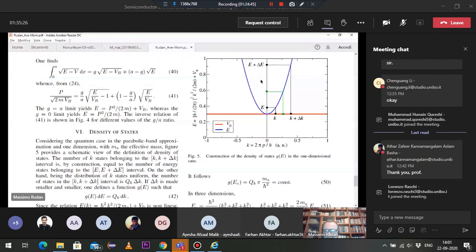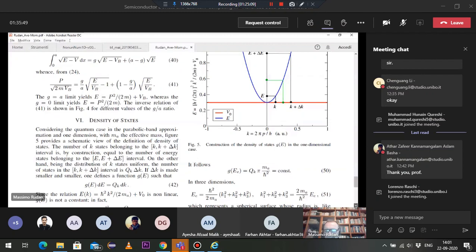Okay? So this is one of the cases in which we can use derivatives instead of integer variations because of the density of the K vectors. So what we do is we take delta K smaller and smaller, okay, in order to make it infinitesimal. And we count the number of the K vectors that are in this interval.